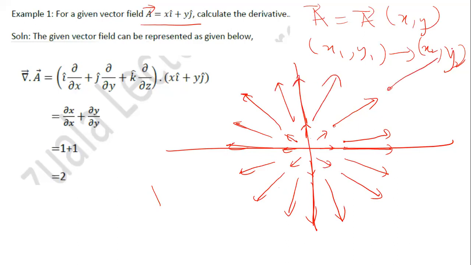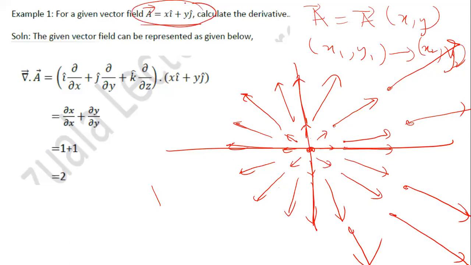Again, if you move further away, the vector magnitude will become bigger and bigger. Okay, so as you can see here, you will find a vector field which is diverging away from the origin.